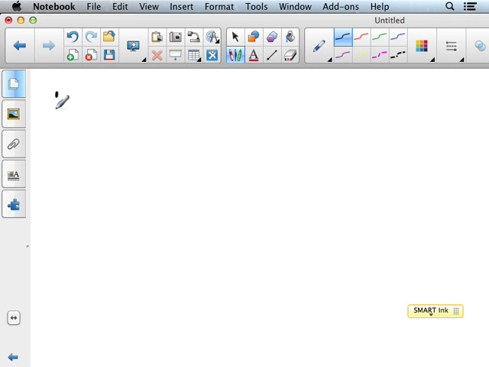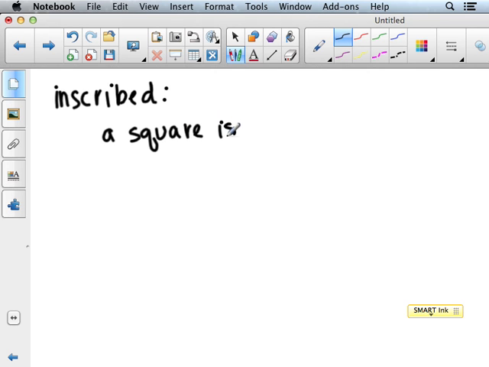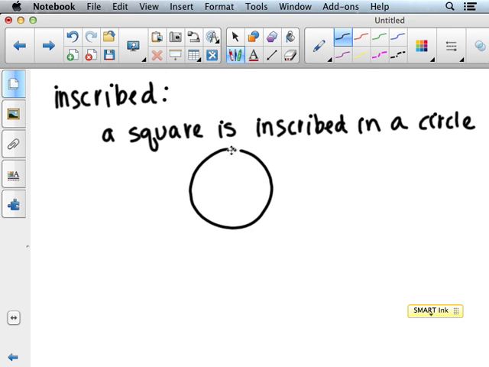So now inscribed. Inscribed simply means that one shape is inside of the other and all the vertices touch that shape. So for example, we could say that a square is inscribed in a circle. So here's a circle, and here's our square inside.